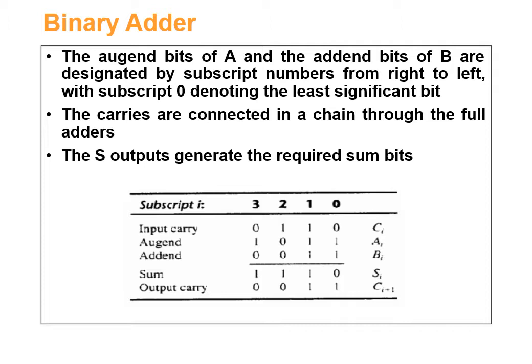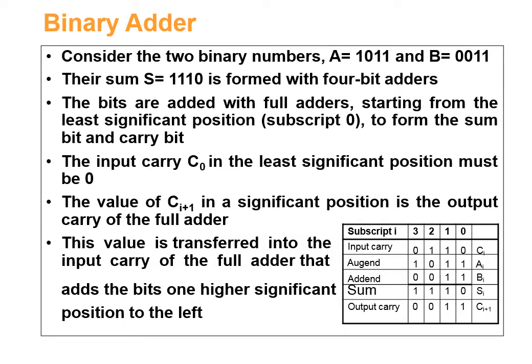To demonstrate with a specific example, consider the two binary numbers A equal to 1101 and B equal to 1100. Their sum S is formed with the 4-bit adder as follows.